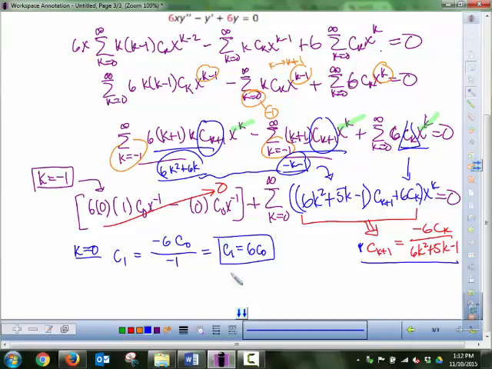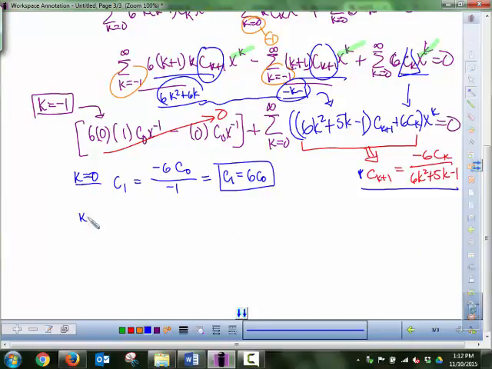Okay, let's try k is equal to 2. I'm sorry, k is equal to 1. K is equal to 1 here. I have c sub 1 plus 1, that's c sub 2, is equal to negative 6 c sub 1 divided by, now I have to put 1 in here. 6 plus 5, 11, minus 1 is 10. That's a negative 6 over 10, I suppose I should start reducing, times c sub 1.